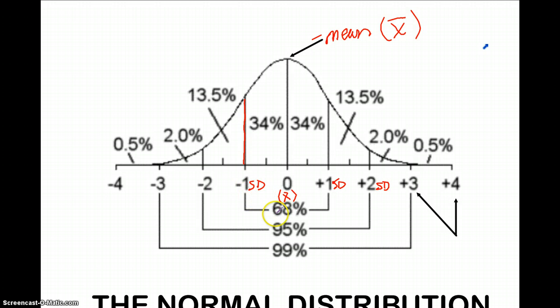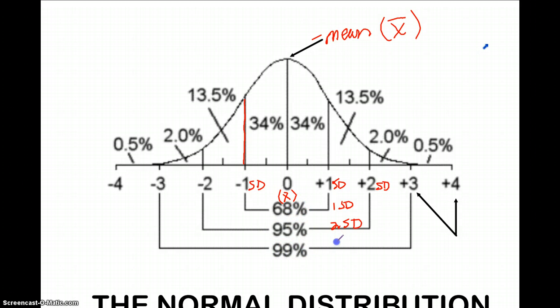When we say it's within 1 standard deviation, that means it's either positive or negative. And that means that 68% fall within 1 standard deviation if it's normally distributed. The second one says within 2, so positive 2 or negative 2 standard deviations, 95% of the data lies here.